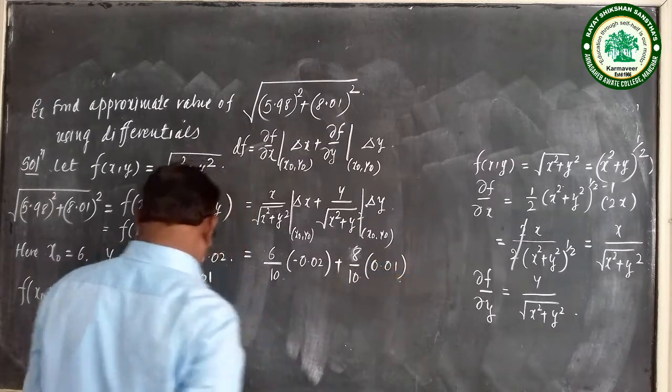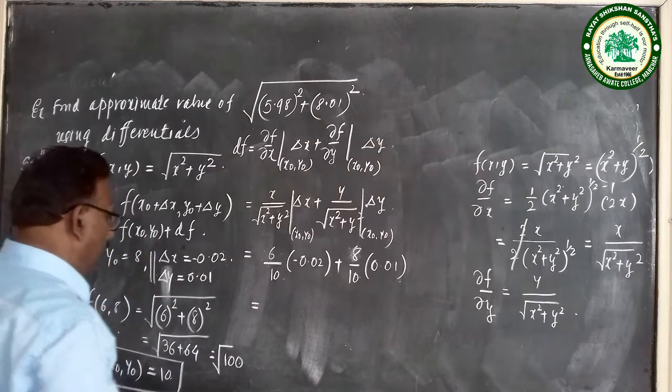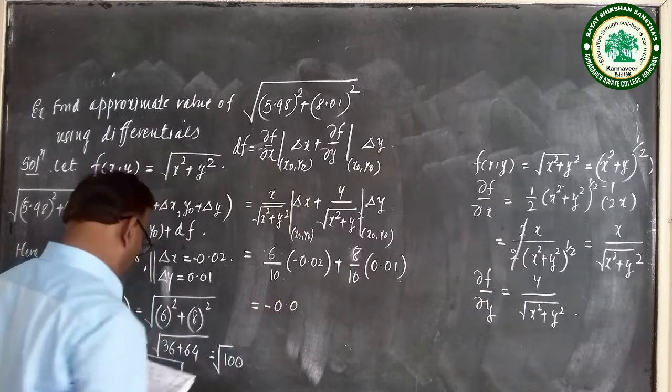After simplification, you will get this value, which is equal to minus 0.004.